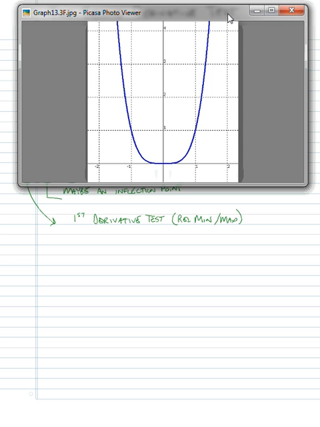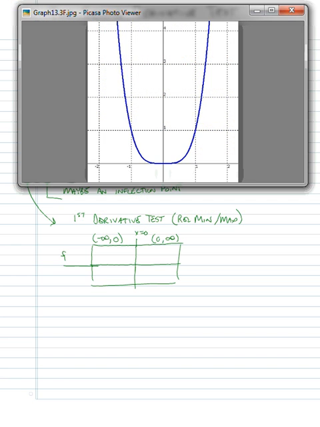And so what that would mean, remember, is that we would look at the value x equals 0, and we would look at the interval that value creates to the left and the interval that value creates to the right. And then we would be testing the first derivative in those two intervals.